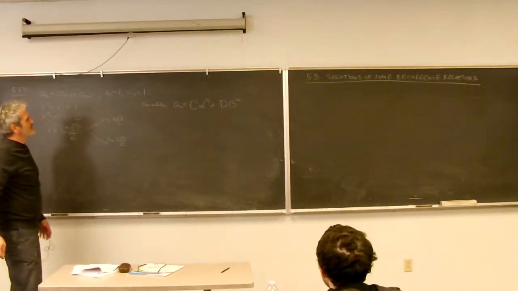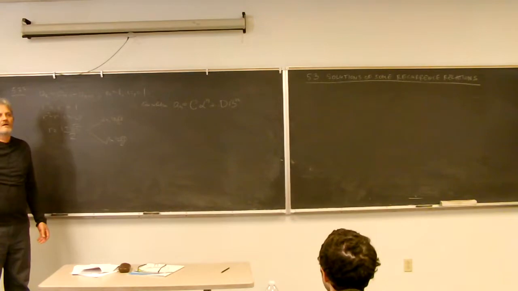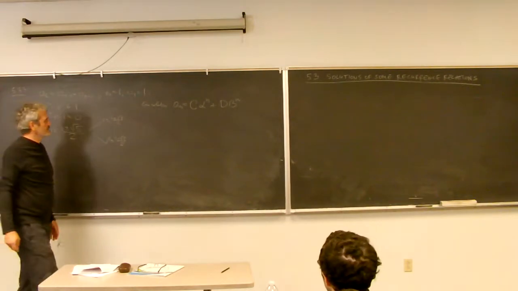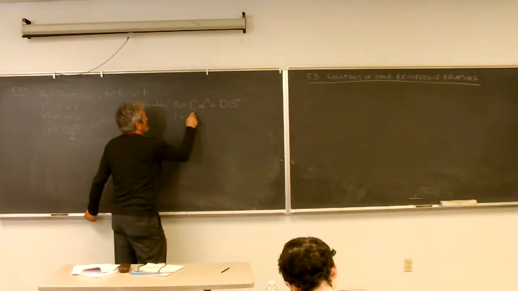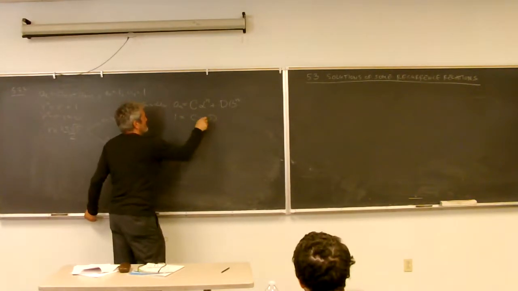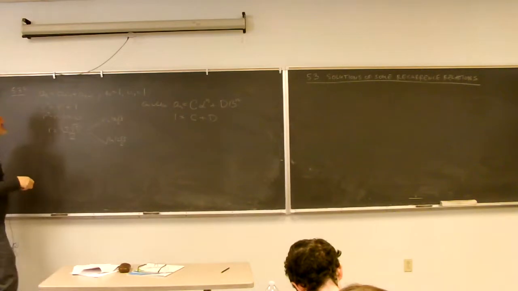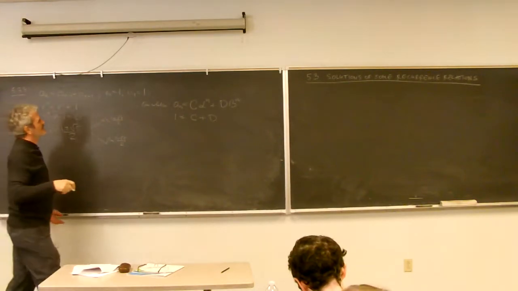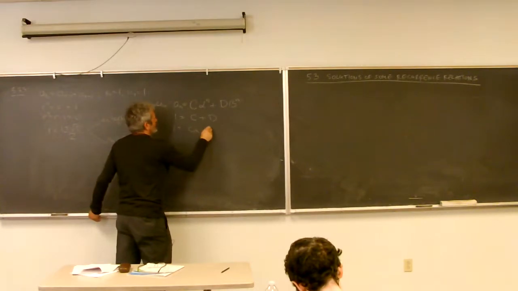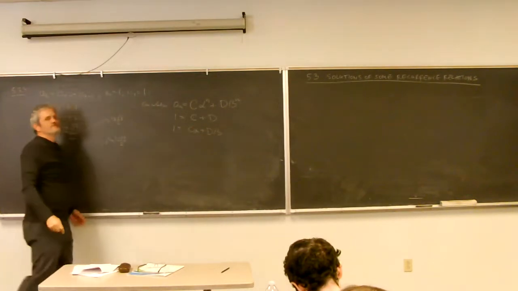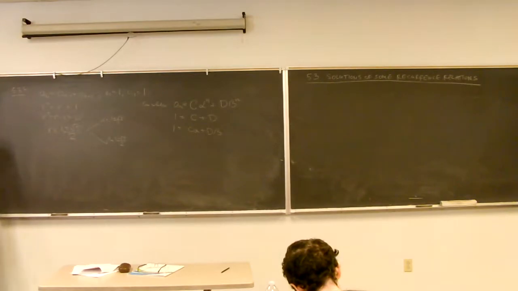And who's going to determine c and d? Initial conditions. So when I put A_0 equals 1, I get 1 equals c plus d. And then 1 also equals c alpha plus d beta. Do you agree with me?